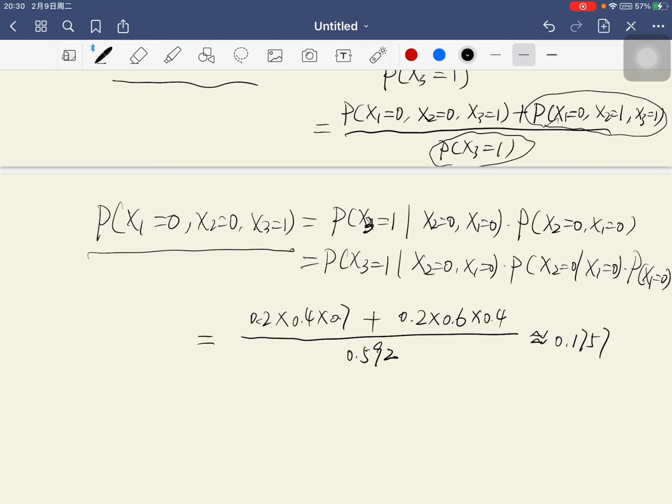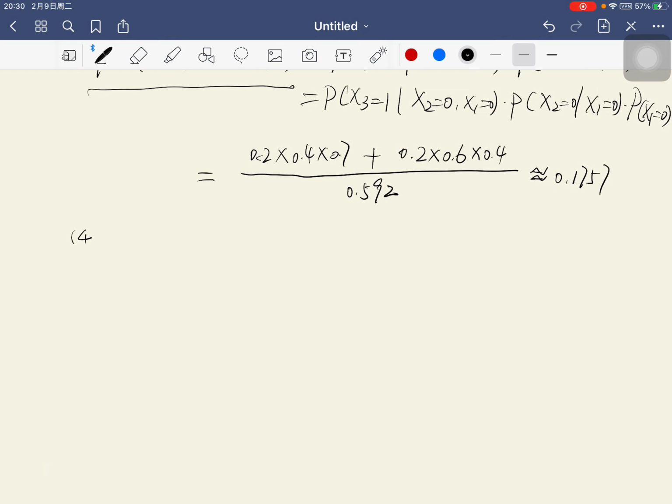And for the fourth question, we want to find the limit when n is infinite of the probability of xn equals 0.